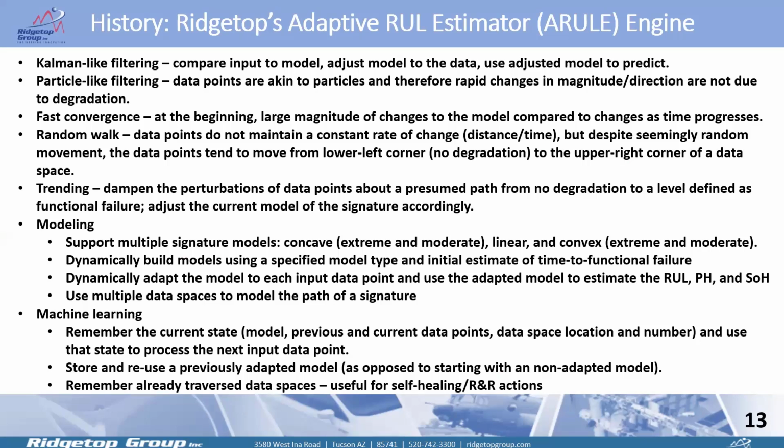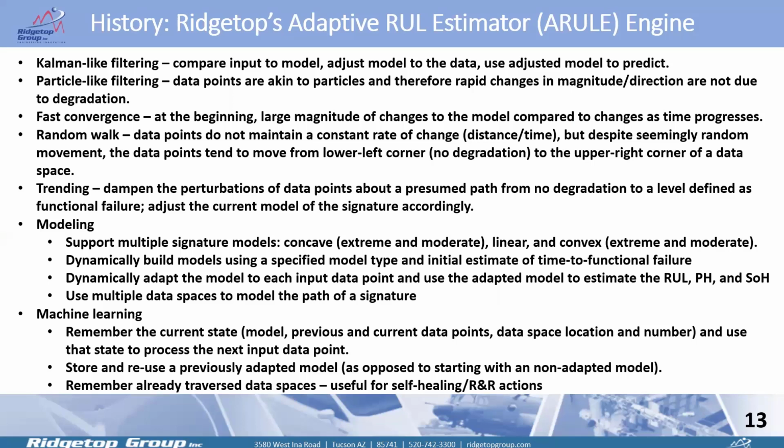We also do fast convergence, and fast convergence means that it is impossible to accurately predict when something begins to fail. So you have to make an estimate, and that estimate, whatever estimate you make, will either be lower or higher than the actual. And we want to converge as rapidly as possible to the true time of failure. We also do random walk.